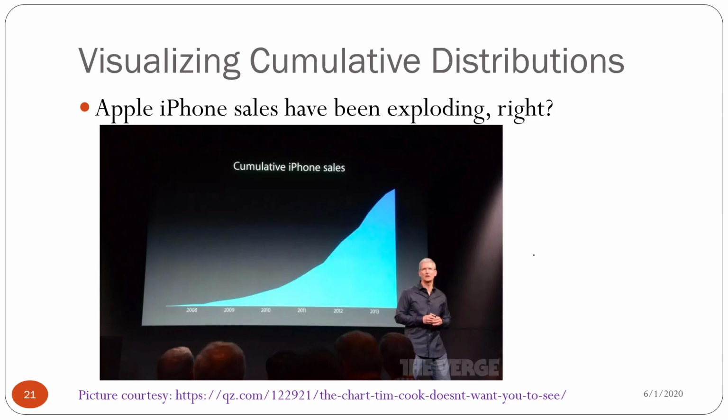What happened was, in one of the briefings by the Apple CEO Tim Cook, he preferred to use the cumulative distribution to show that the Apple iPhone sales were going up to the extent that it's exploding. Well, if you understand cumulative distribution, then it's no surprise.